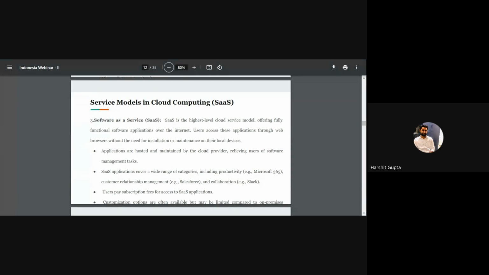But now it is not required to download and pay a subscription fee, and those programs also require a particular configuration to run. Now all this has vanished. We may simply go to the website of that service provider and use it. This is the software as a service which we use.